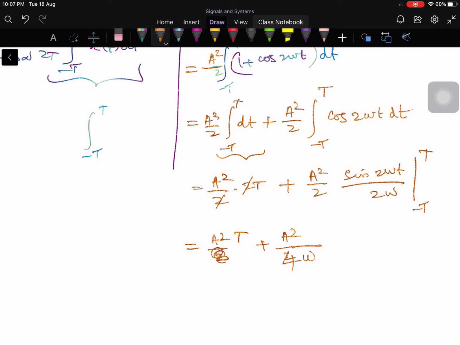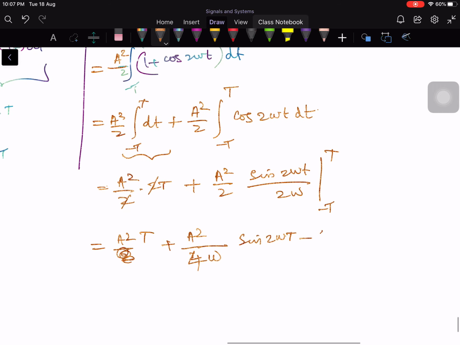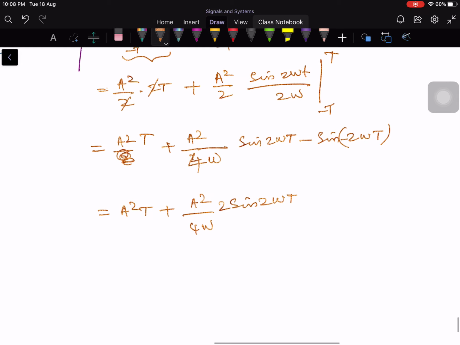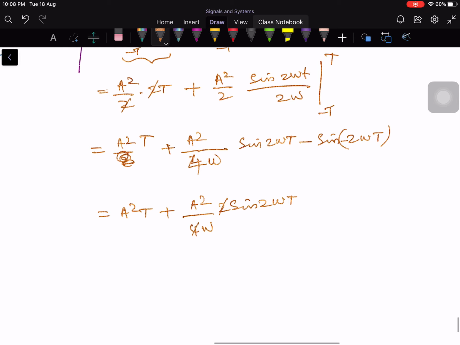Then sin of 2 omega T minus sin of minus 2 omega T. Okay, so minus into minus is plus. So this is A squared T plus A squared over 4 omega times 2 sin of 2 omega T, and this 2 and this 2 will get cancelled.